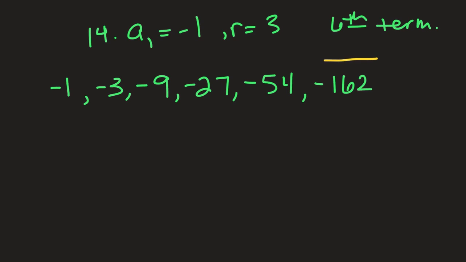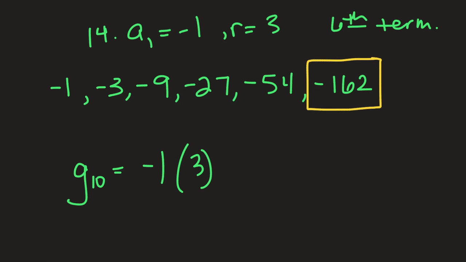So if the math is not too difficult and you're not going out to the 45th term or anything ridiculous, then using your elementary skills of simply multiplying each term by the ratio is a pretty decent way to do it. Now, if you want to be mathematical about it, we can also use a formula. Sorry, not the 10th term. We only want to find the 6th term.